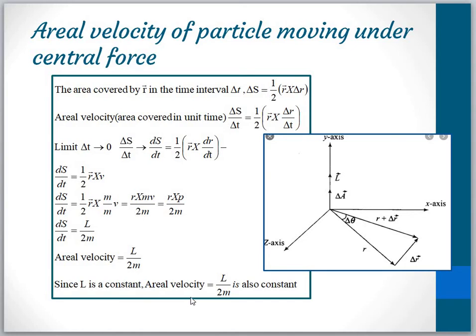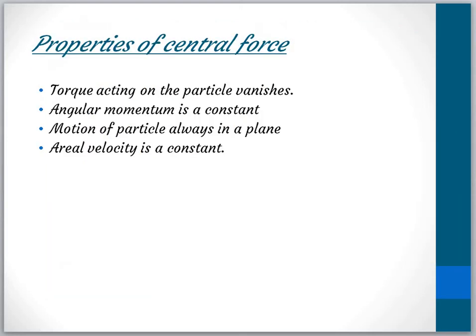So L is a constant, areal velocity L by 2m is also constant. So we have derived and proved the theorem. So another property of central force is that the areal velocity of the particle which is moving under central force is a constant.